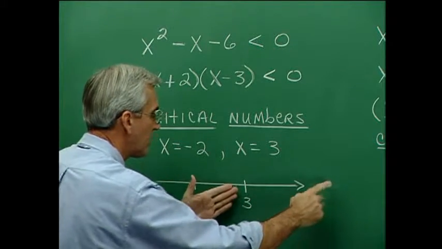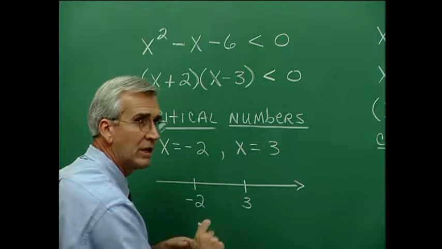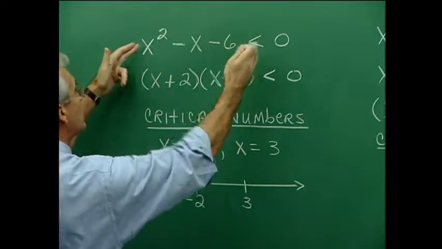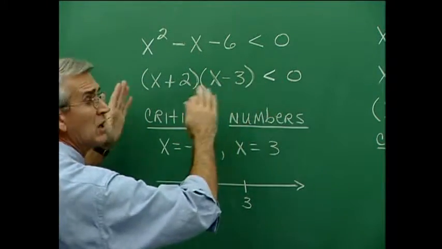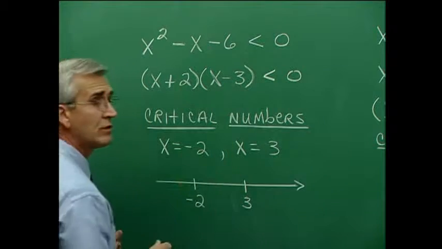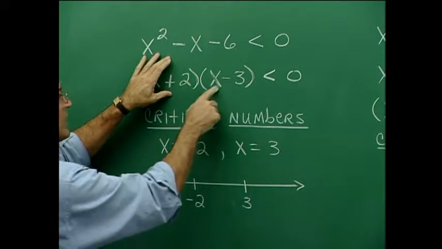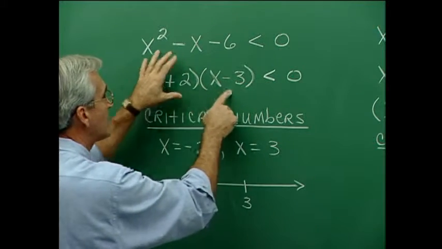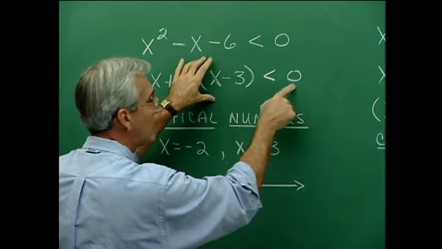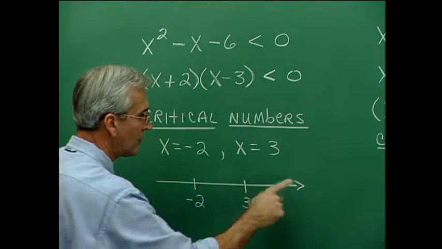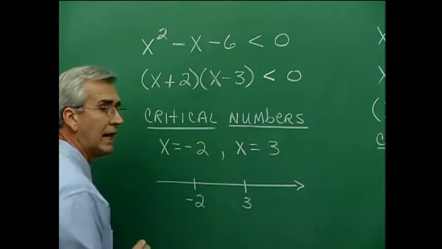A number larger than 3, in this interval, would be 10. Now we can go back up here and test 10 in the original inequality or the factored form. Sometimes it's a little easier to use the factored form. If x is 10, we have 10 plus 2, 12. 10 minus 3, 7. 12 times 7, big positive number. Is that less than 0? No. So the values that lie in this interval do not solve the inequality.